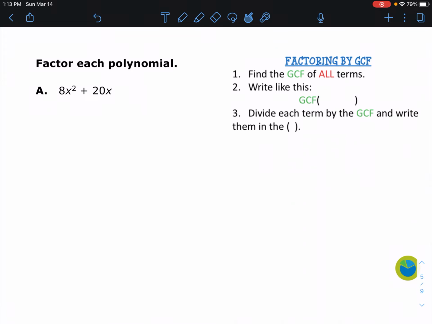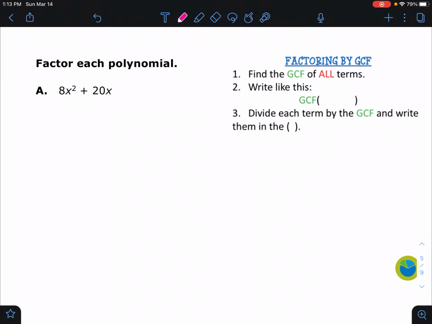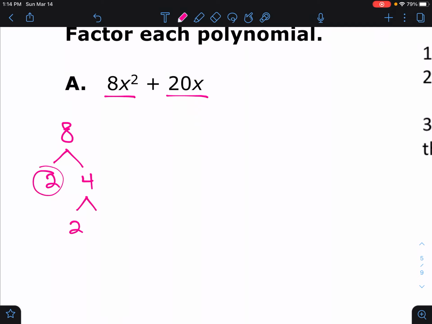Okay, so I'm going to factor each polynomial, and the first thing I need to do is find my GCF. So I need to find the GCF of all of my terms. That would be this term and this term. So I'm going to start with doing the same thing I did before. 8, break that apart. 2 and 4, 2 and 2. Okay, and then I'm going to do 20. I'm going to say 4 and 5. 5's prime.